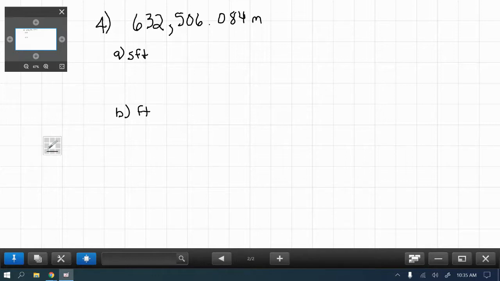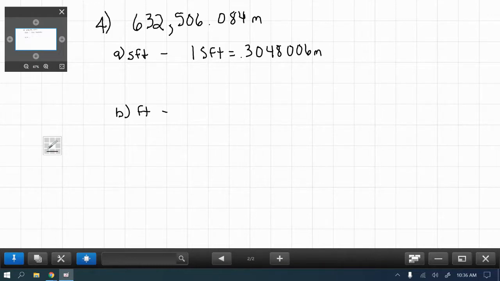So under that, I'm going to write the one for survey feet first. So the survey feet one, 1 foot under the standard, 1 SFT is equal to 0.3048006 meters.